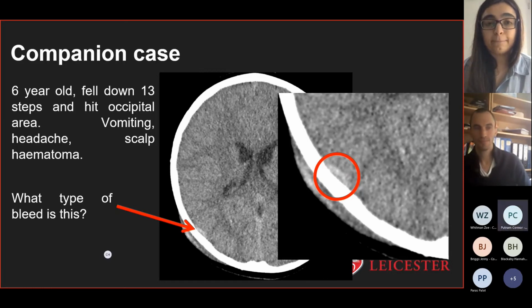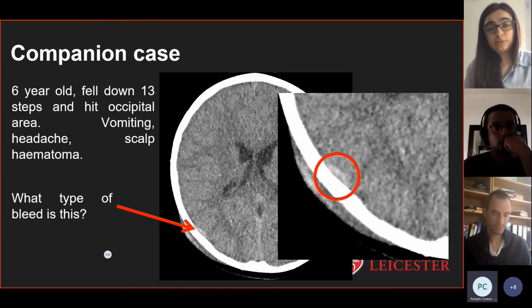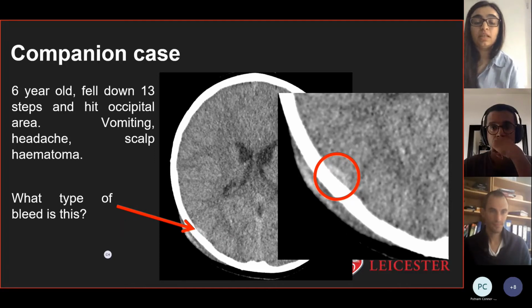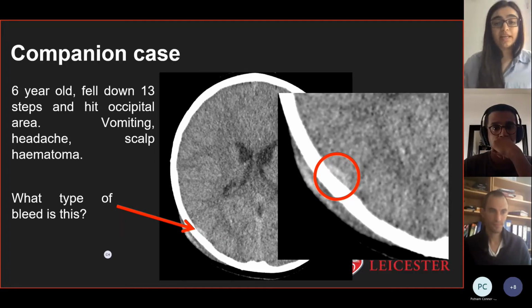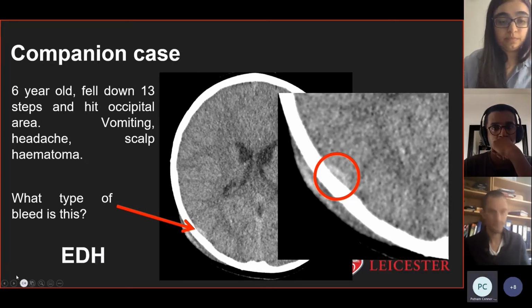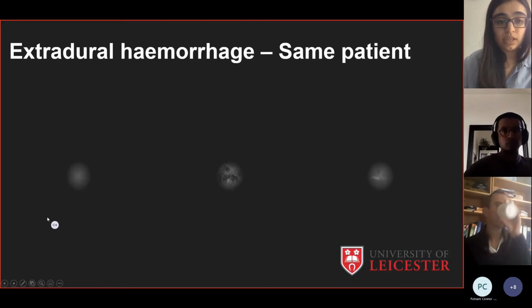In the brain, after the arachnoid layer. Yeah, so it'll be in the subarachnoid space, which is in the arachnoid and pia mater, and it's a space that's then created. So we'll have a look at that case as well. So this one's our EDH.